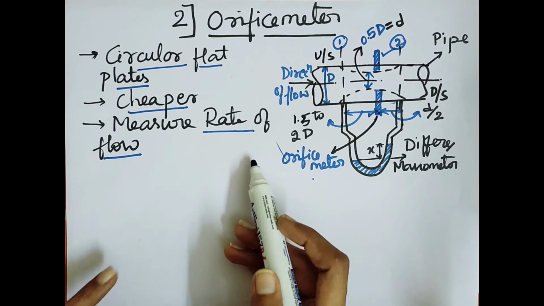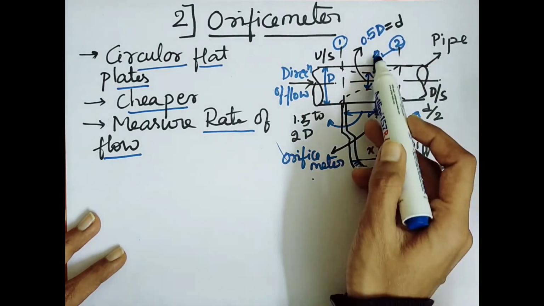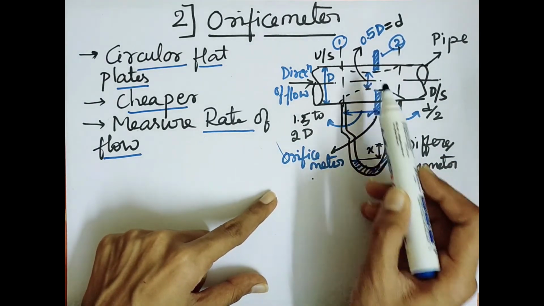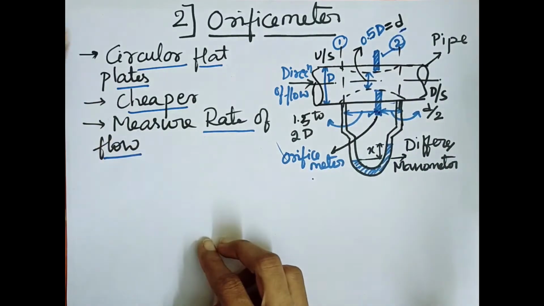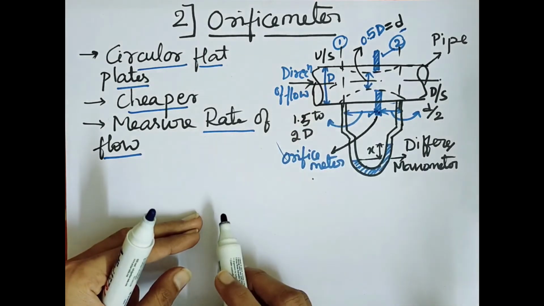Here in the figure you can see this is a pipe, and inside the pipe we have fitted the orifice meter, where small d is the diameter of the orifice and capital D is the diameter of the pipe.